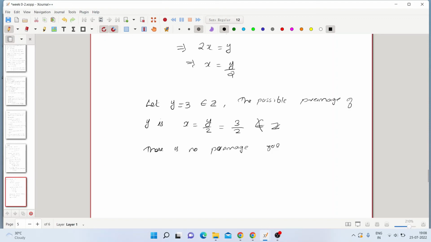Here 1 is not strictly less than 1, so (1, 1) does not belong to the relation less than.